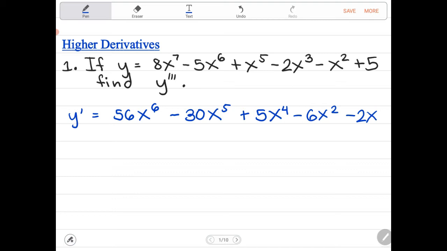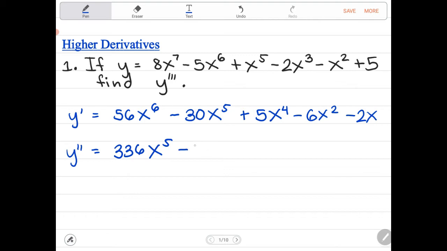But we are asked to find the third derivative. So from our first derivative, we can get the second derivative. So ganun pa rin, we are going to get the derivative of that first derivative. So for the second derivative, we have 56 times 6, that is 336. 336 x raised to 5.